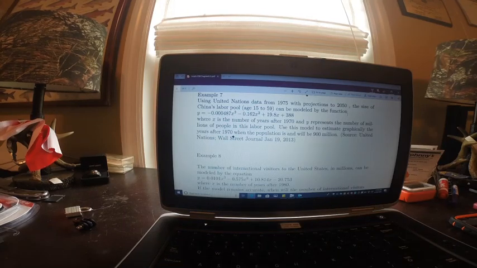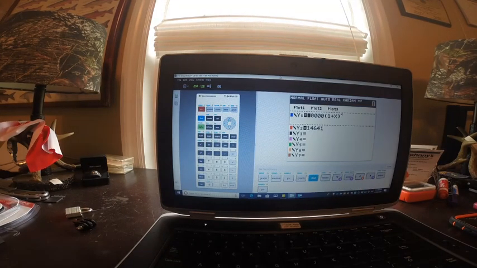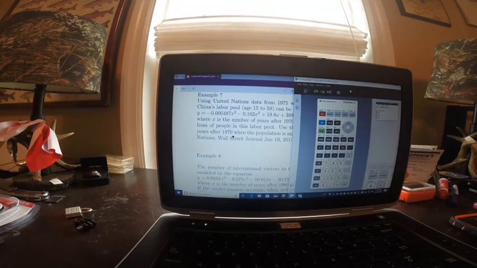Okay, so what we need to do is we need to take this function, obviously put it in our calculator. So I'm going to do that first. So y equals, I'm going to drag it over here to the left so that I can put this in. I'm going to clear this out, clear that out, and type my new function in.